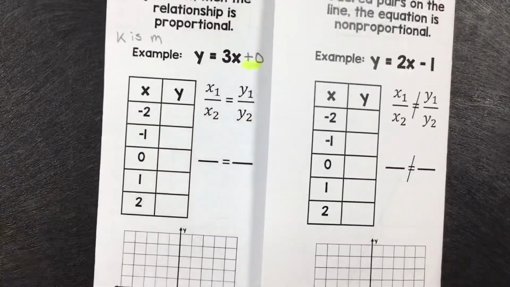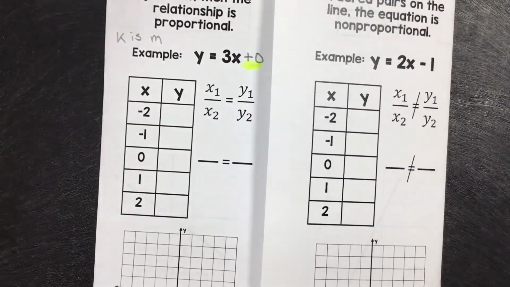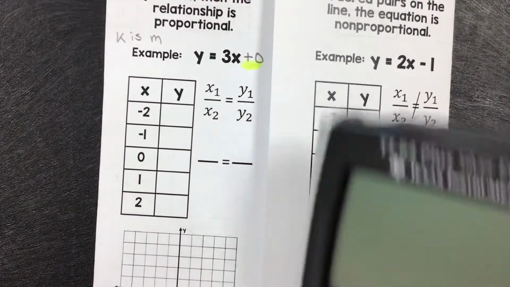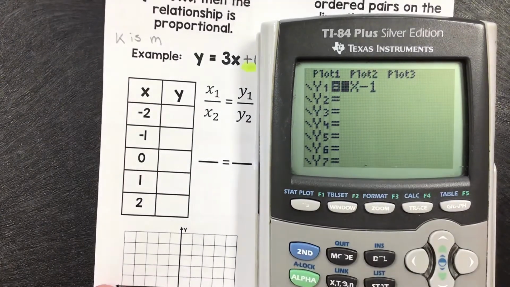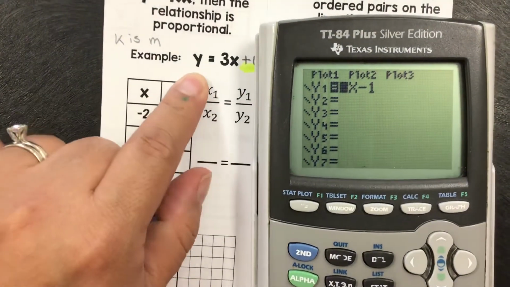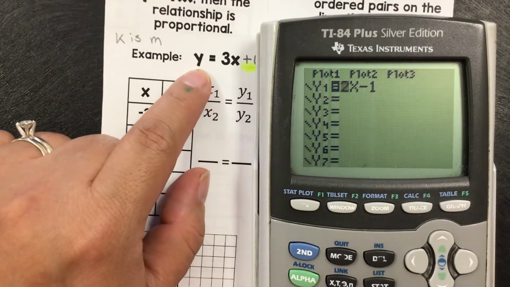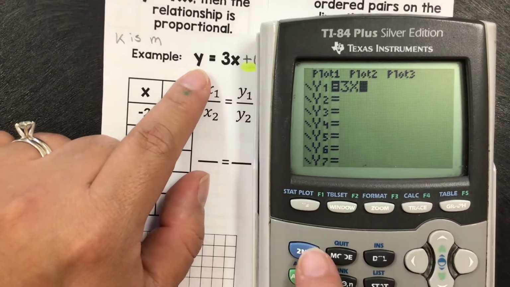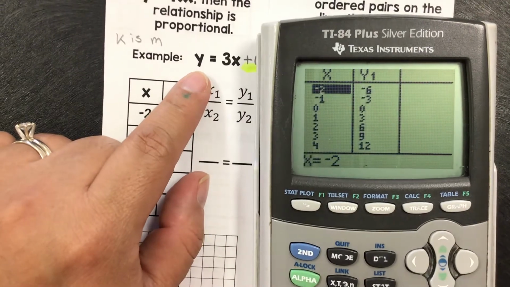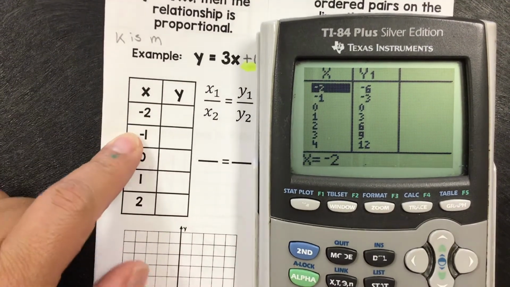Right here, when you have a situation like this where I want you to fill in a table, you can do it in your calculator. You go to y equals, and you put in the equation that you have, which is 3x. You hit second and then graph. It goes to a table of values, and we just start putting in the values.